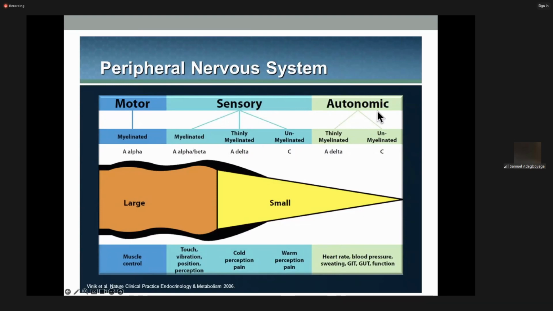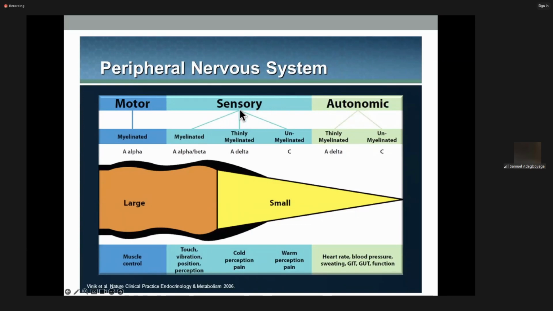Now, to confuse you even more, we could say myelinated, thinly myelinated, and stuff like that. Anyway, what I'm trying to say, just be careful. You could see A delta in autonomic neuropathy. You could also see your A delta in sensory neuropathy. You could see C unmyelinated in autonomic neuropathy. You can also see it in your sensory. So what really differentiates between sensory and autonomic neuropathy is your myelinated A alpha and beta.